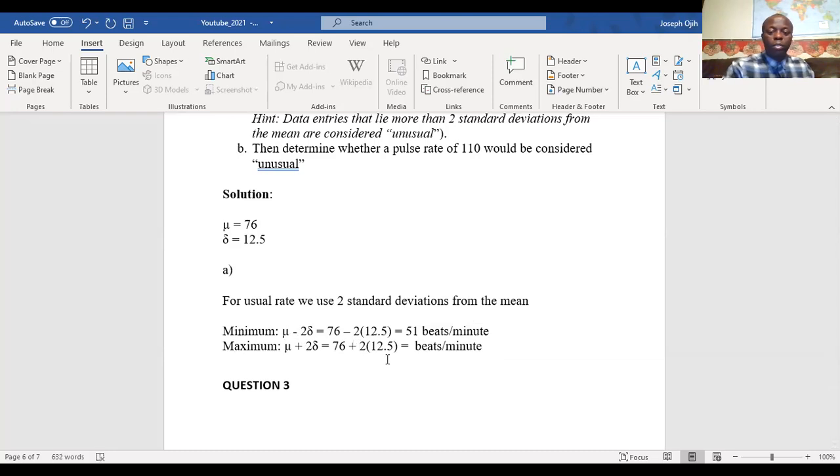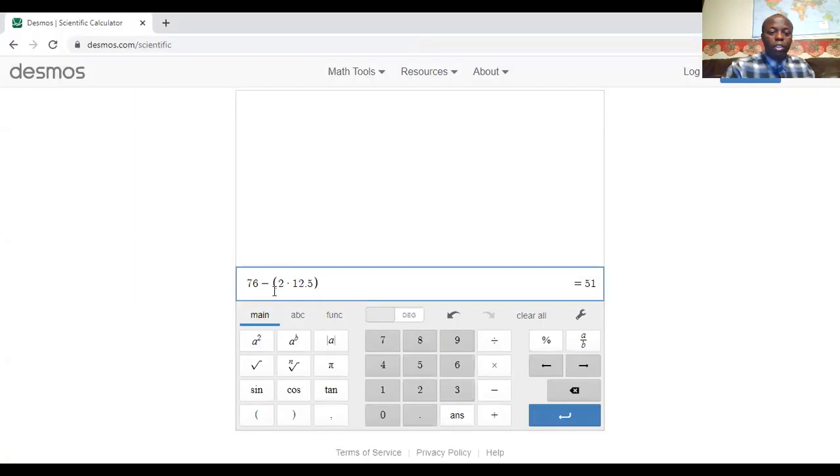Let's see the answer it will give us. I'll take it to Desmos again. When I change this to a plus sign, it gives me 101 beats per minute.